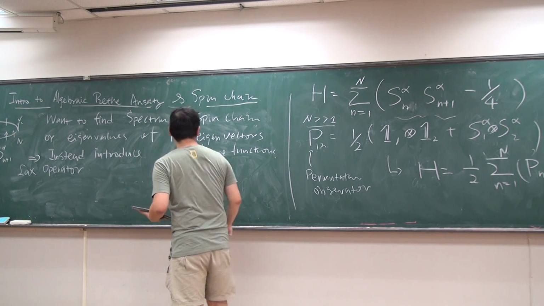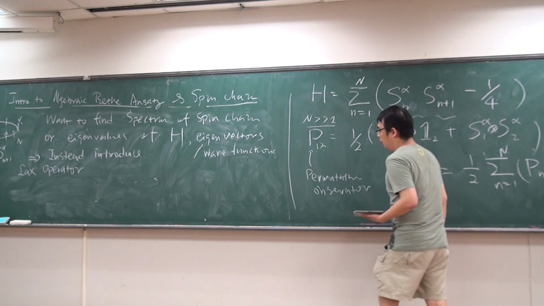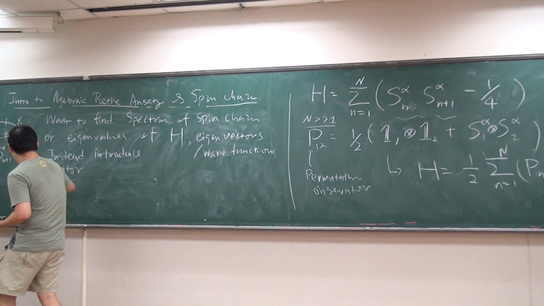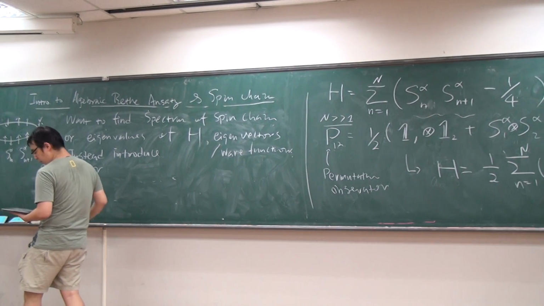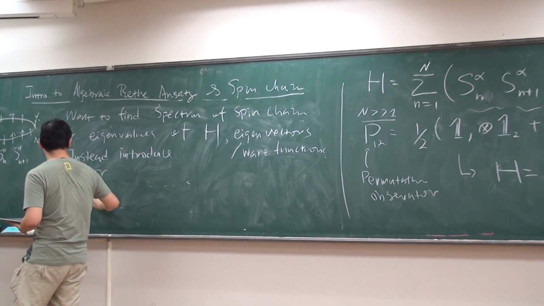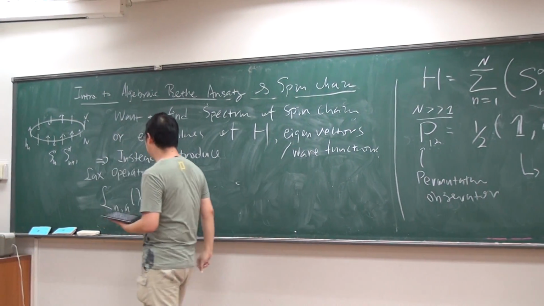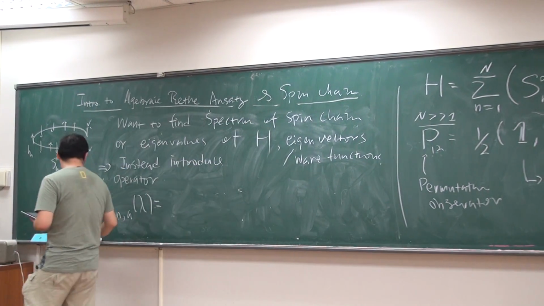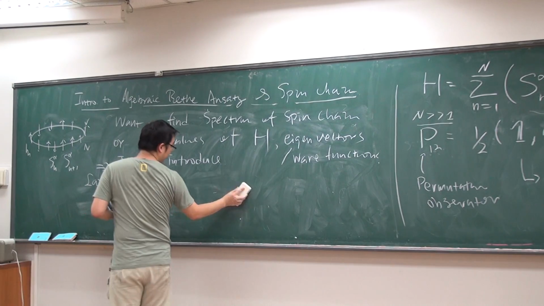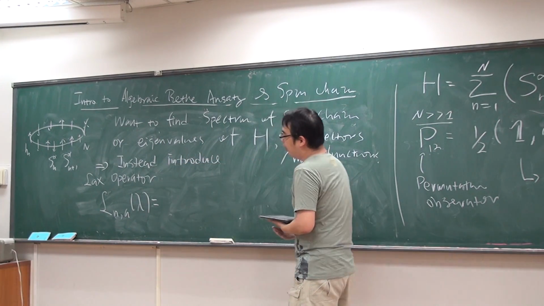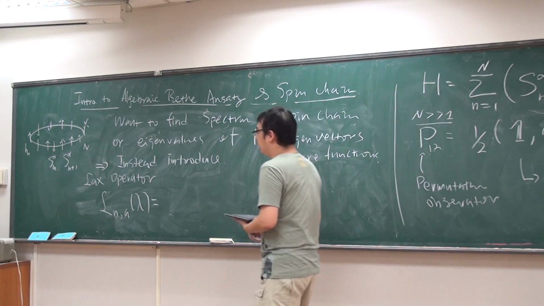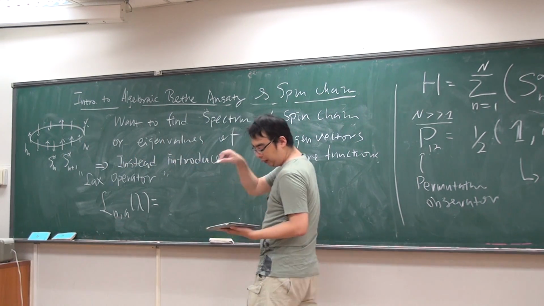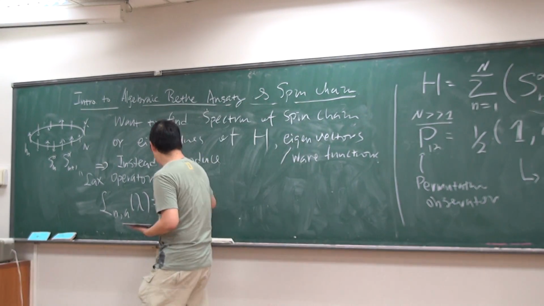Right now, even if you don't like the Lax operator, you can just view it as another matrix which we can introduce. But now, compared with our earlier version in the classical mechanics case, our Lax operator actually depends on an additional complex parameter, lambda.